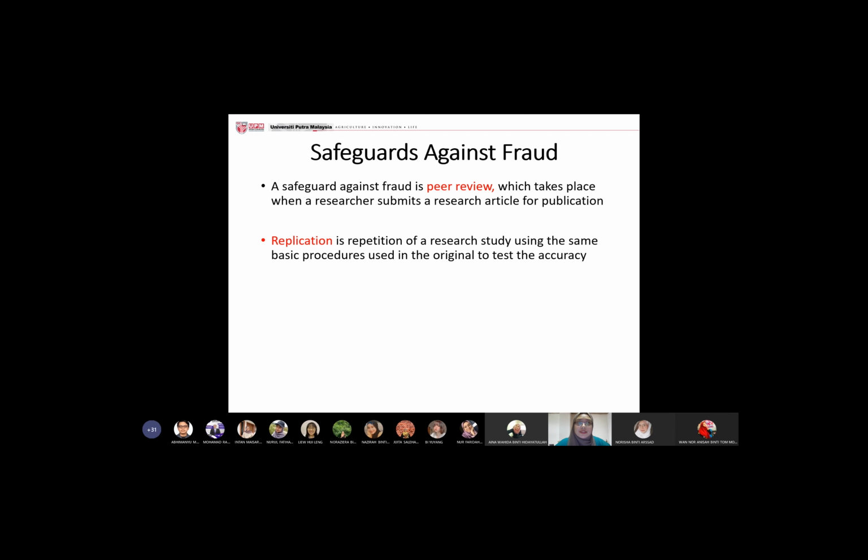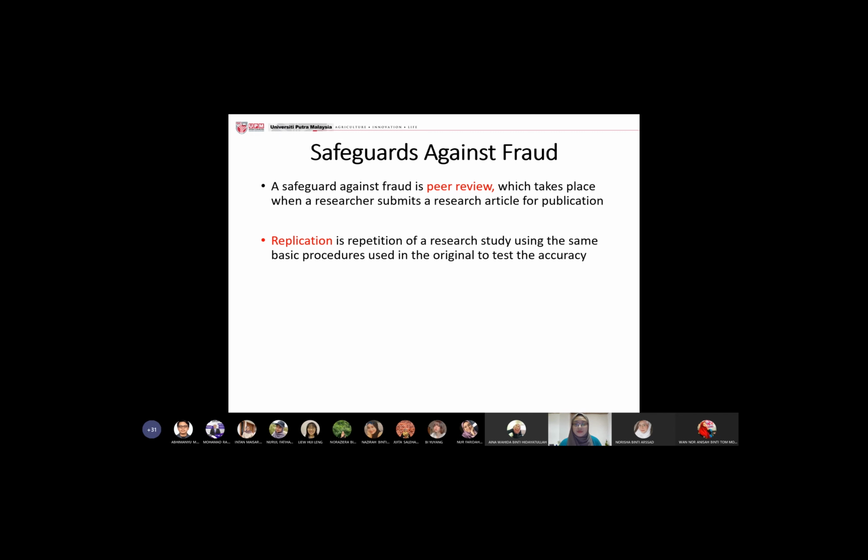For example, this is talking about when you send an article for publication, but it also is applicable to you guys, because when you submit your proposal, when you submit your dissertation, not only your supervisor will read it, but also the assessors. So the assessor is actually the peer review, if you want to look at it that way.